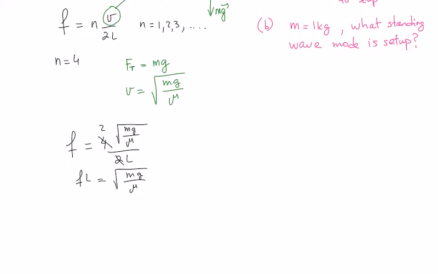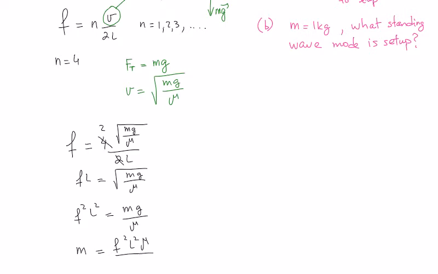Then let's square both sides. I will have f squared L squared equals mg over mu. From here, I can find m equals f squared L squared mu over g.